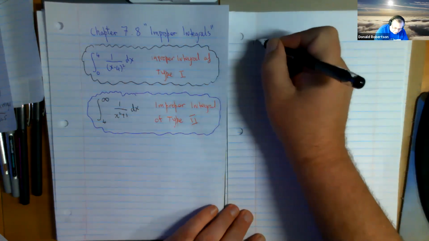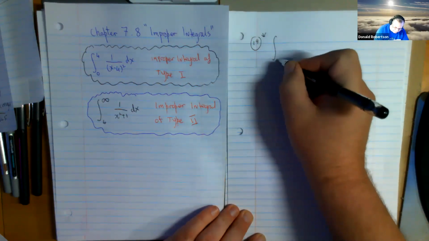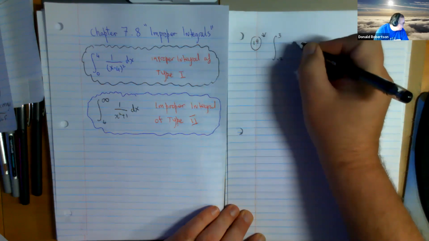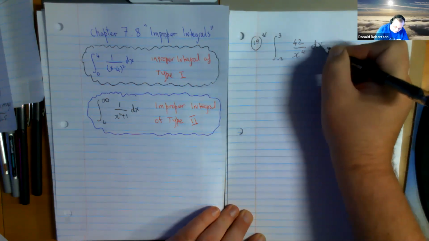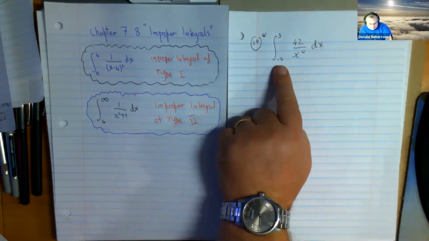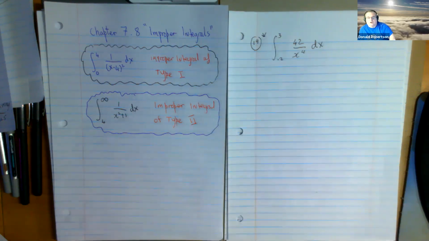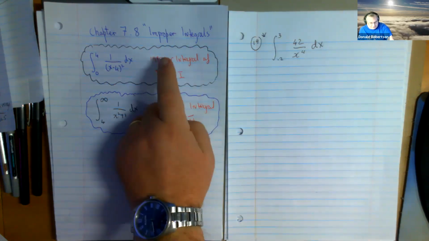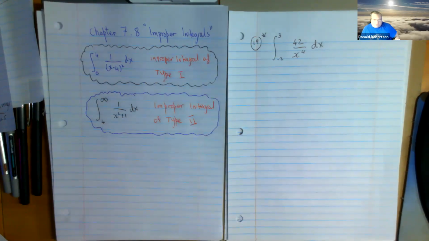This will have to be my last question. So this is 19. -2 is not a problem. X equals 3 is not a problem. Yet this is still an improper integral of type 1.